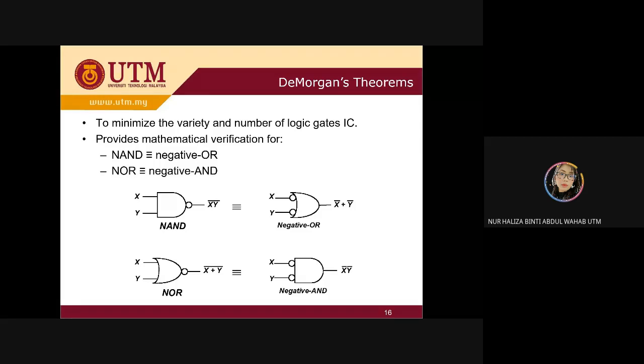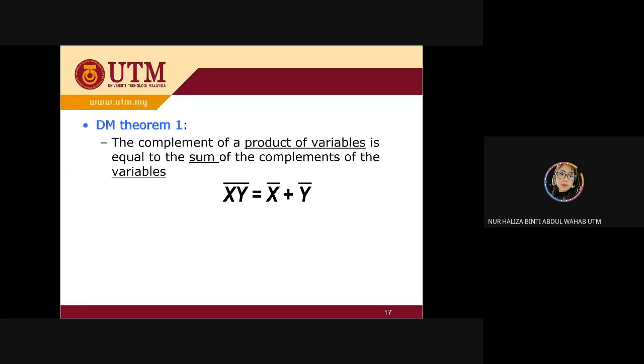Okay, thank you. So, we're going to proceed to our first theorem, which is theorem 1. Theorem 1: the complement of the product of variables is equal to the sum of the complements. Okay lah, saya tak nak baca ni.